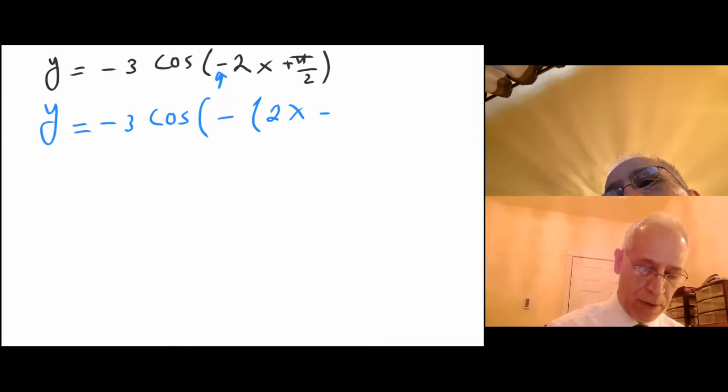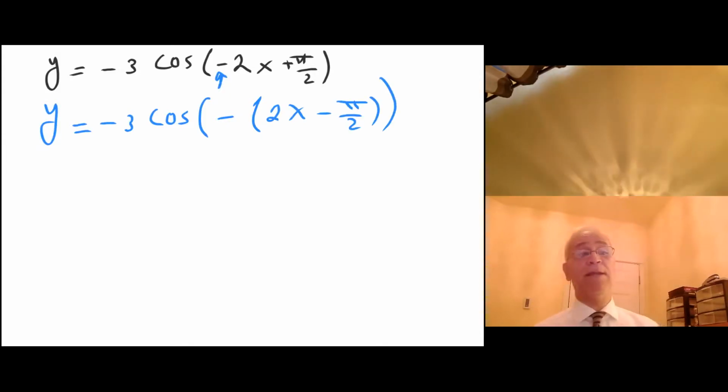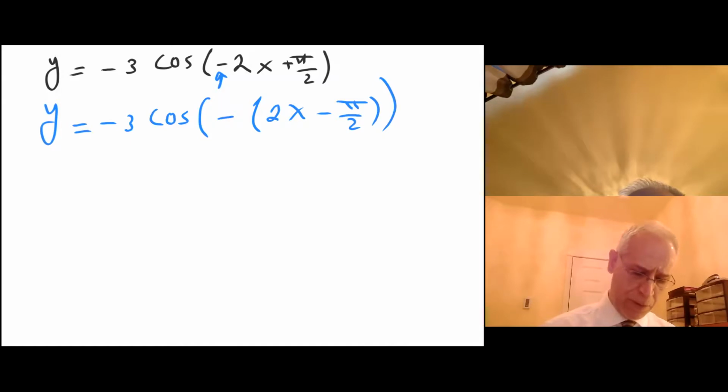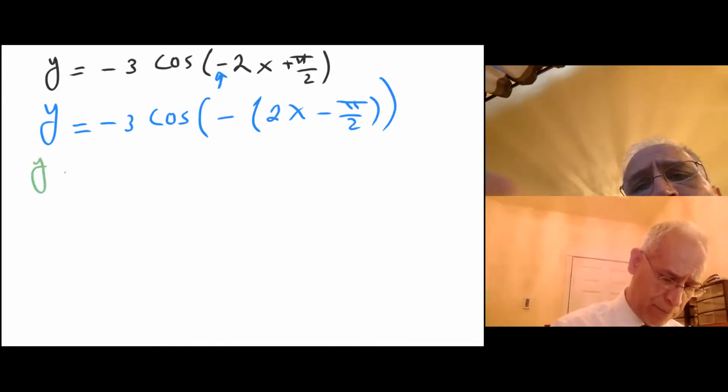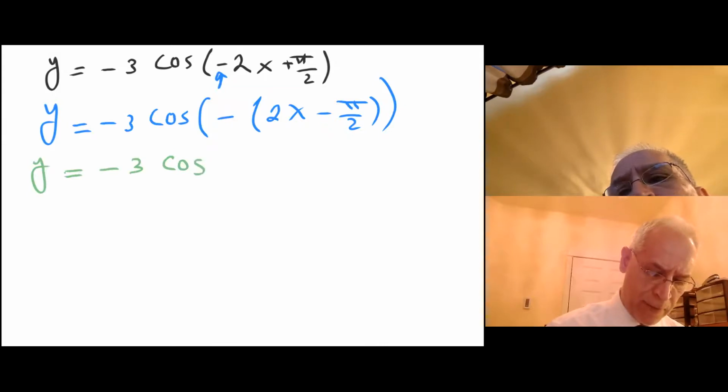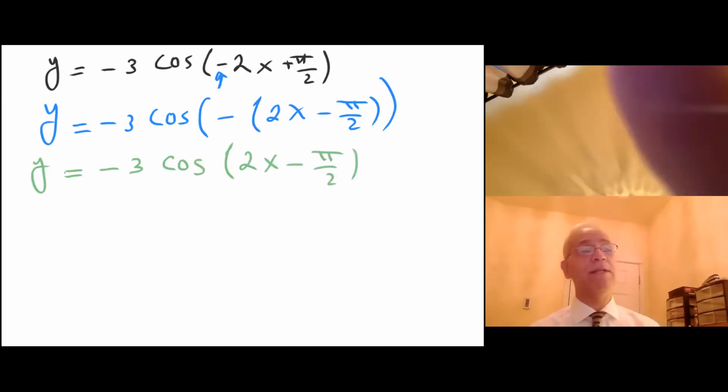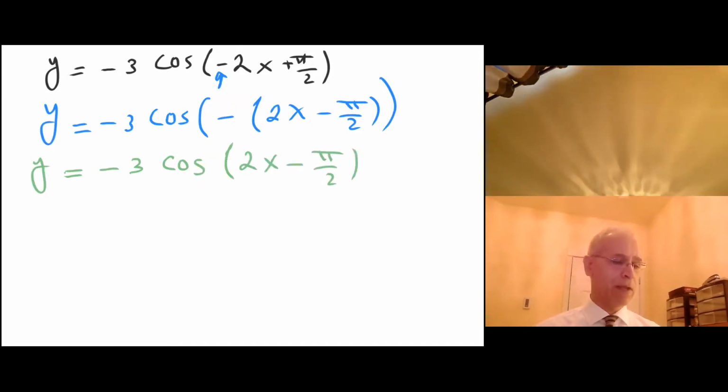Cosine of minus theta is the same as cosine of theta. So I can replace that with y equals minus 3 cosine of 2x minus pi over 2, using the fact that cosine is an even function.